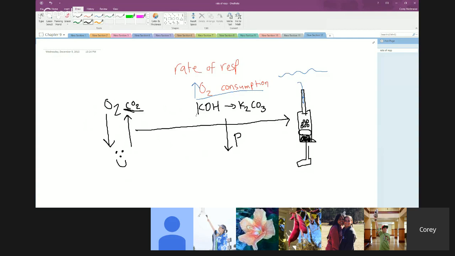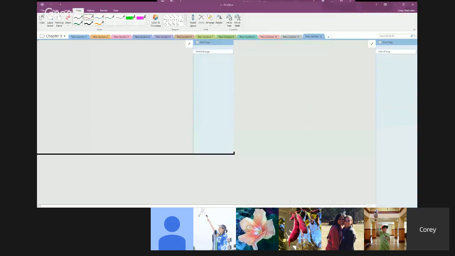So that's why we have potassium hydroxide, to help eliminate the carbon dioxide so that there is no carbon dioxide replacing oxygen. You just have oxygen consumption. And that oxygen consumption is what's causing a decrease in the pressure inside the chamber. And that's what's causing the water to get pushed down into the microrespirometer.